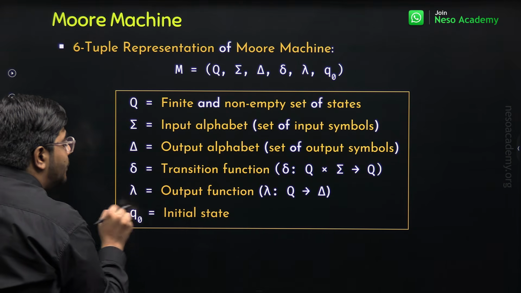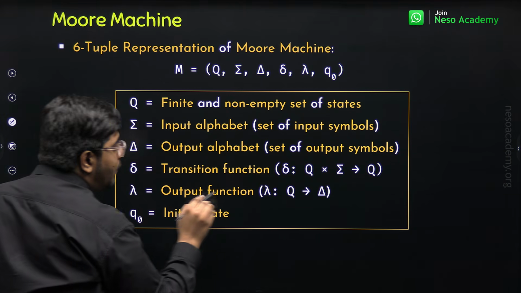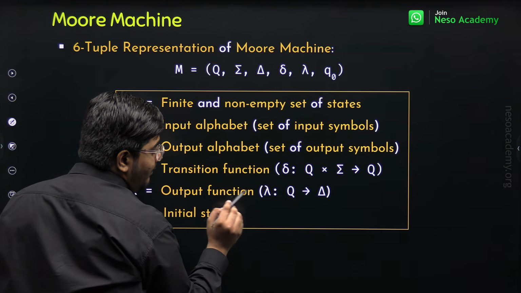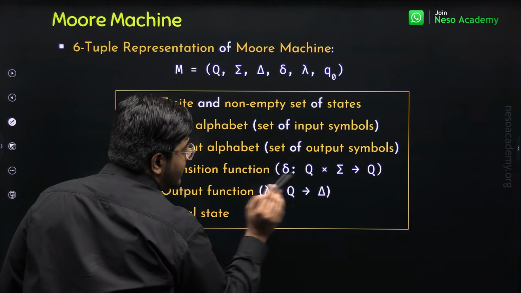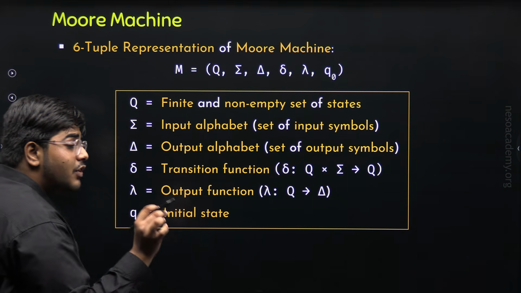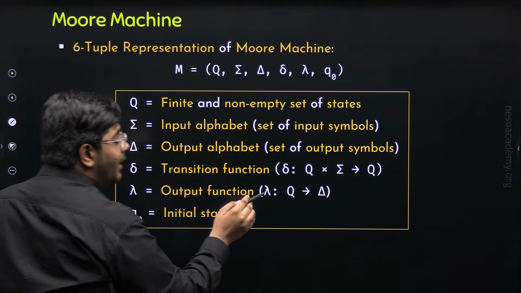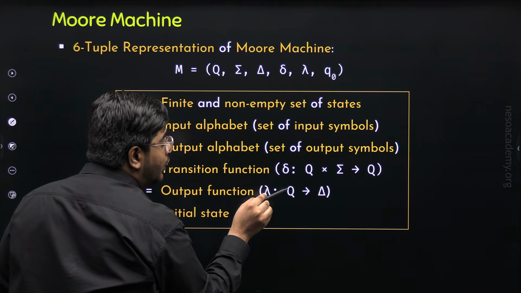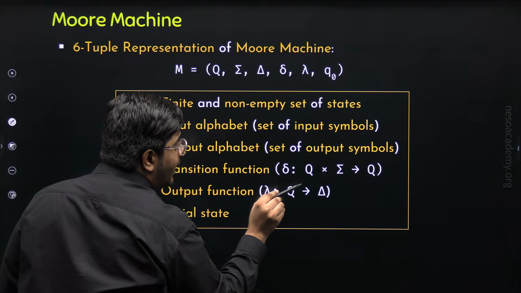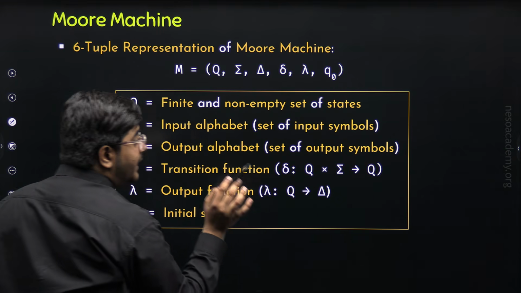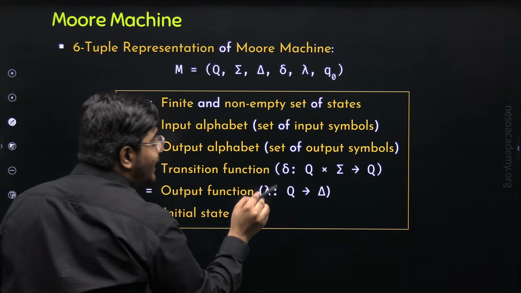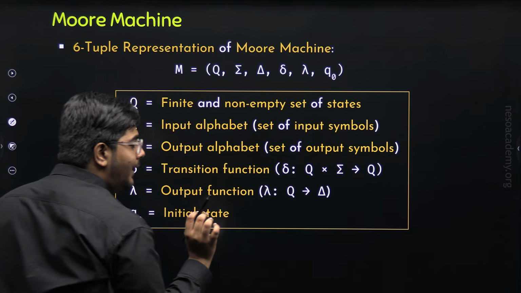Now comes the output function lambda. Output function equation is lambda: Q gives us delta. In case of Mealy machines, we were having Q cross sigma gives us delta. But in case of Moore machine, only Q is giving us delta. Why?